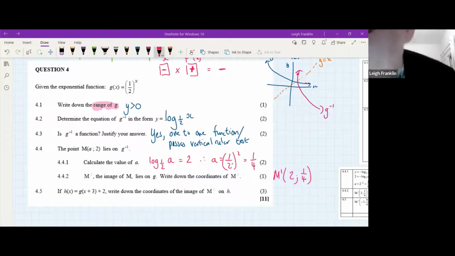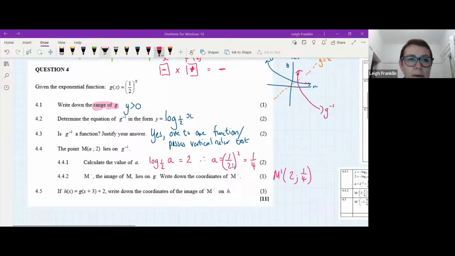In other words, they are asking us to write down these new coordinates. So we're taking this point, or this function that it lies on, and we are transforming it in a certain way. This is a transformation of g.